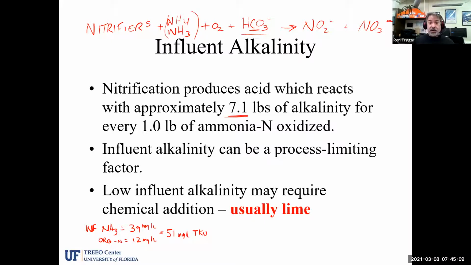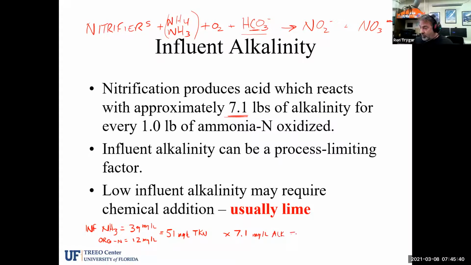We're going to have to convert this into nitrate and then denitrify it later on. So we have 51 milligrams of TKN coming in, and we're going to try to nitrify all of that. And we're going to use 7.1 pounds of alkalinity for every 1 part. So let's say 51 times 7.1, and I'll put milligrams here because we're dealing with milligrams as the unit. So let's say 7.1 milligrams of alkalinity.